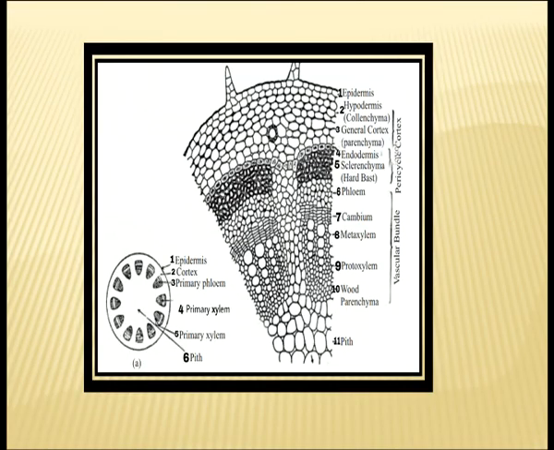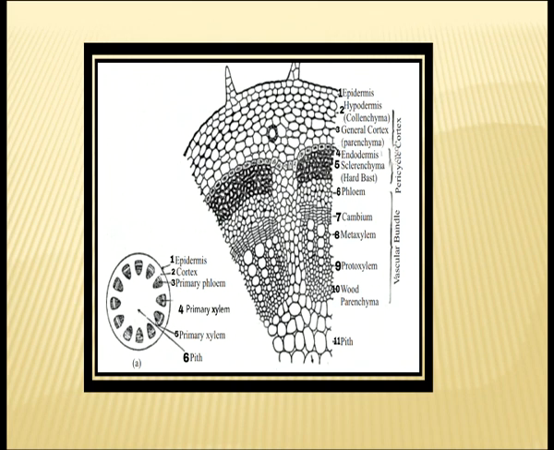In the diagram of the slide, the first layer, labeled number 1, is the epidermis. It is the outermost layer. Then number 2 is the hypodermis, which is a few thin-layered cells below the epidermis.